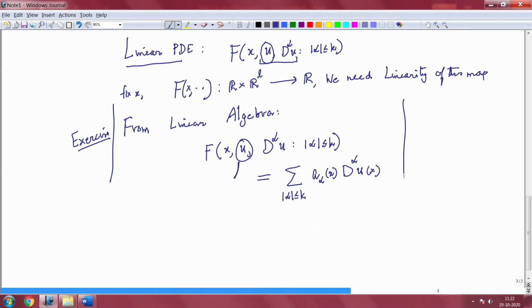So, the general equation can be written in this form. I only separated it; nothing is wrong with the previous way of writing, but this is the best way. With mod alpha less than or equal to k, when mod alpha equal to 0 you get d power 0 of u, which is u, and you get back this term.